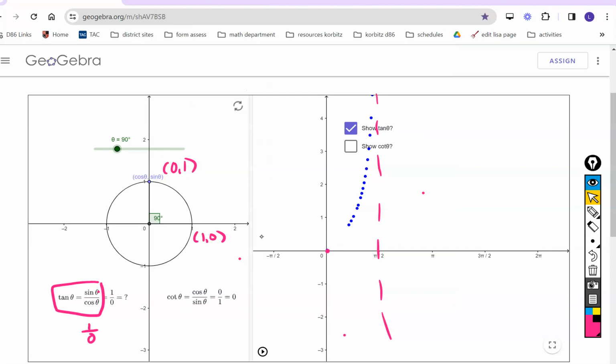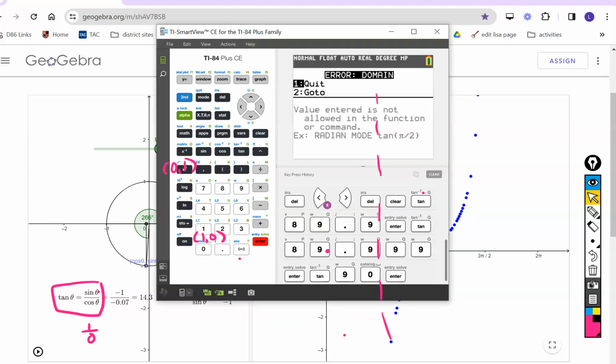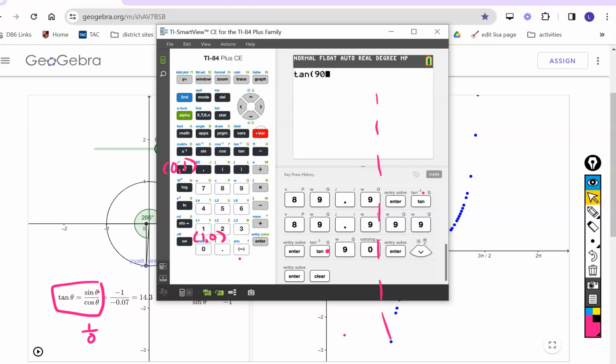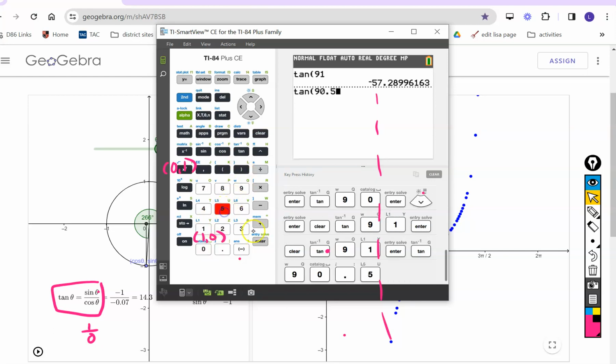Let's think about what would happen then. We have another cycle. Let's think about the tangent of 91 degrees, for example. What would happen? The tangent of 90.5.